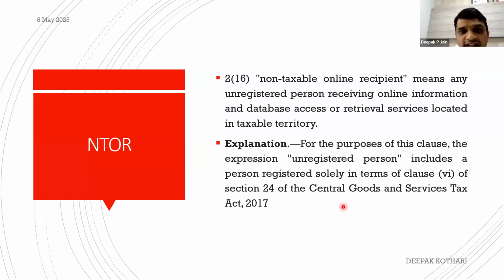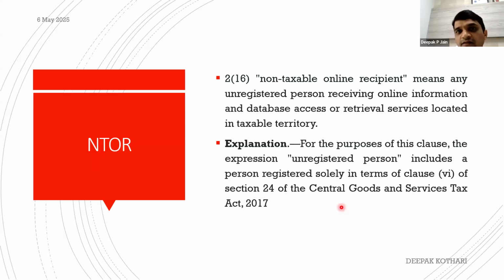NTOR means any unregistered person who is receiving online information and database access or retrieval services located in a taxable territory. So, very simple, they have said that any unregistered person who is receiving OIDR services and who is located in the taxable territory is a non-taxable online recipient.